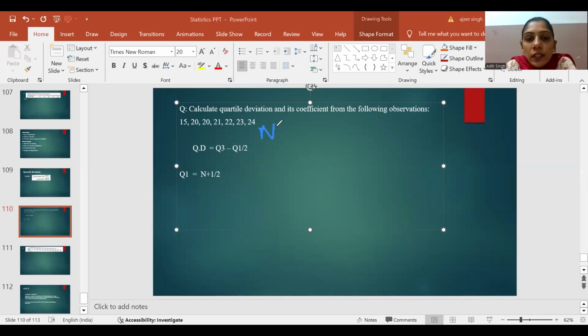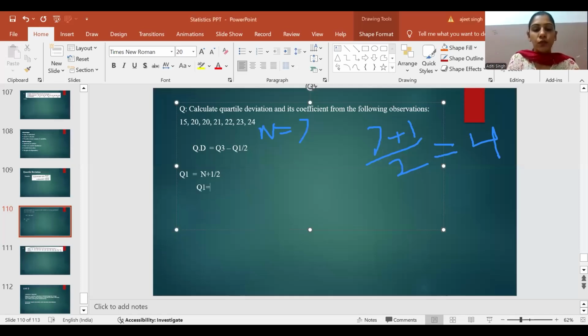So N is equal to 7. So 7 plus 1 is 8, divided by 2 is 4.